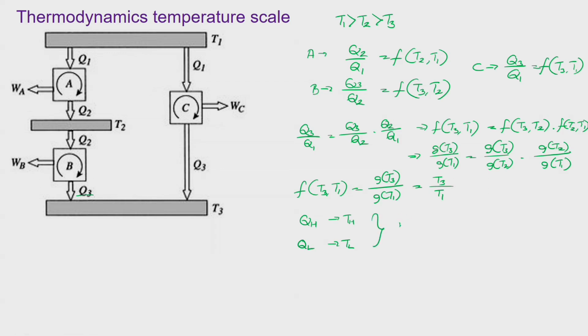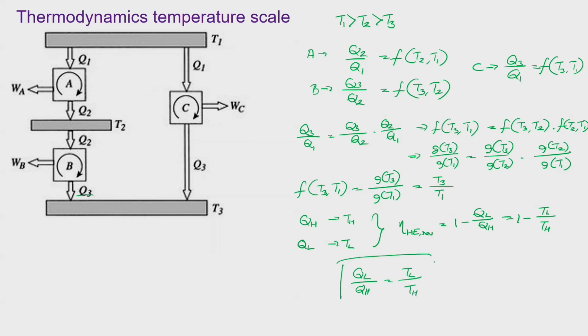From them, the efficiency of this reversible heat engine is given as 1 minus QL upon QH, and therefore, it is 1 minus TL upon TH, which is known as the Carnot efficiency. But for our purpose of this temperature measurement, we are not interested in this, we are more interested in this particular situation: QL upon QH is equal to TL upon TH.